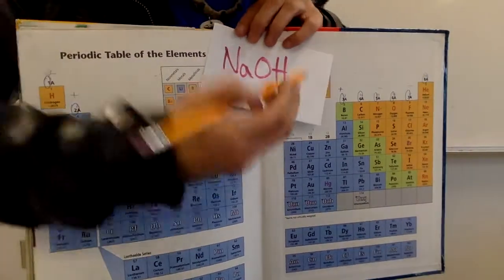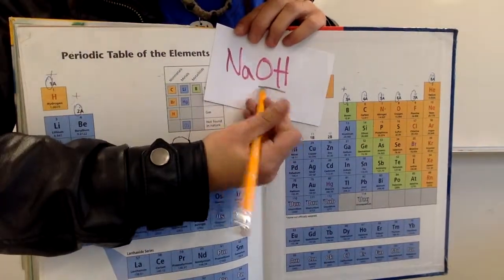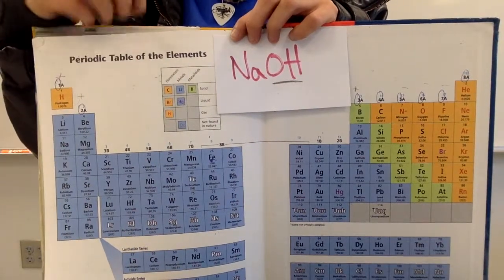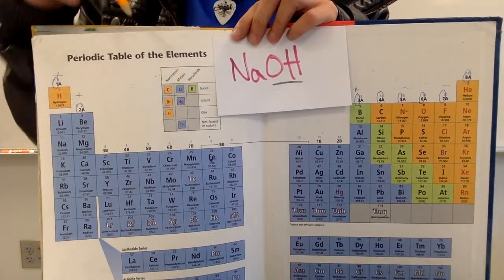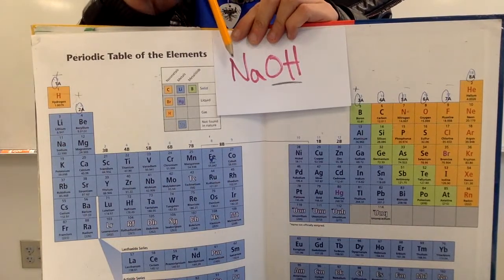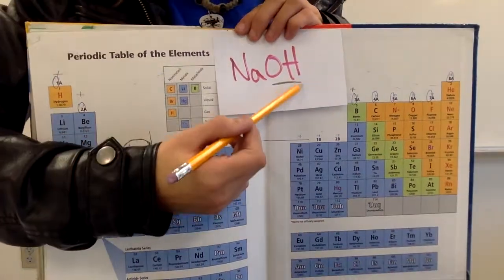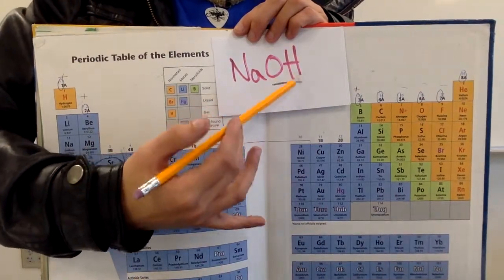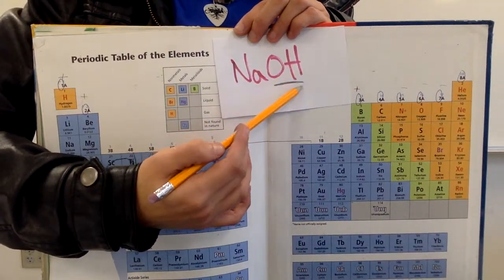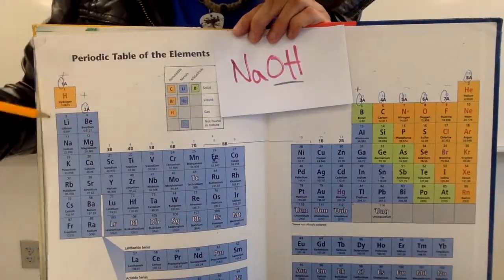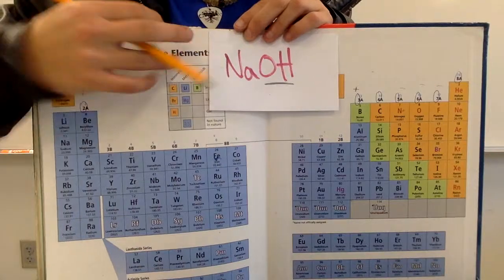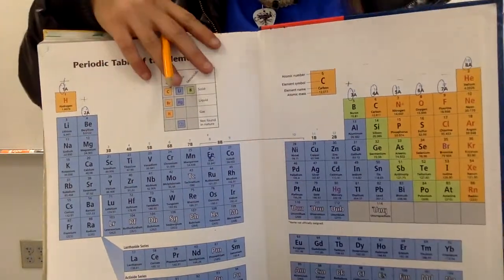This part is covalently bonded, and it's called a polyatomic ion. Polyatomic ions are covalently bonded, but they still have a charge overall, which means it still acts like an ion. So you can treat this as one big nonmetal conglomerate. Sodium, I go and find where sodium is. Sodium's over here in blue, it's a metal. So metal, nonmetal, this is ionic.